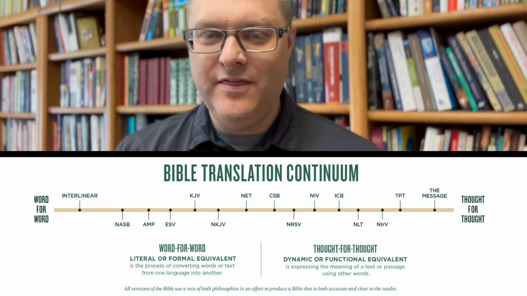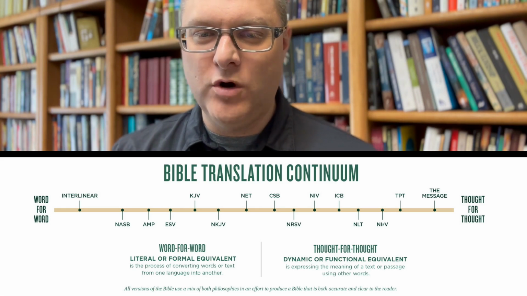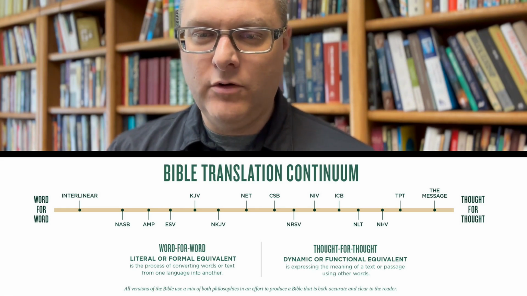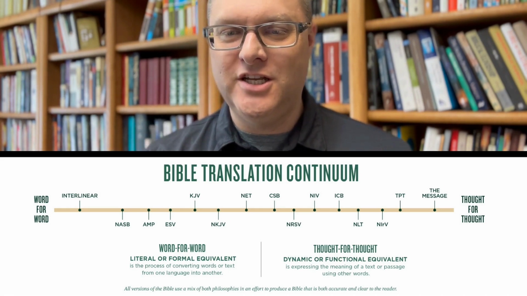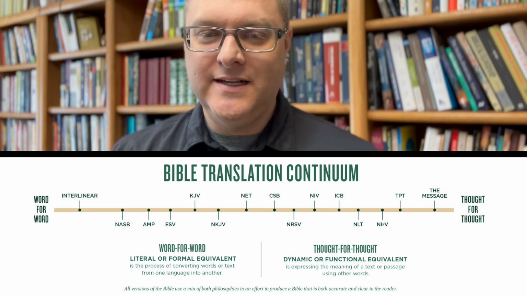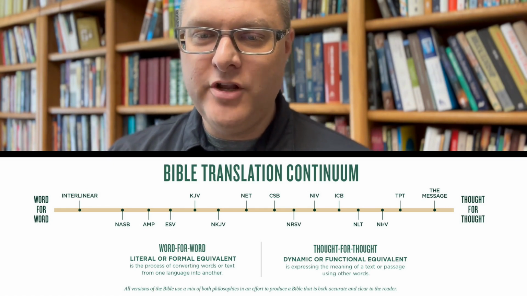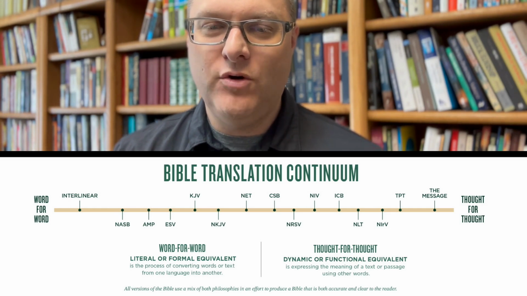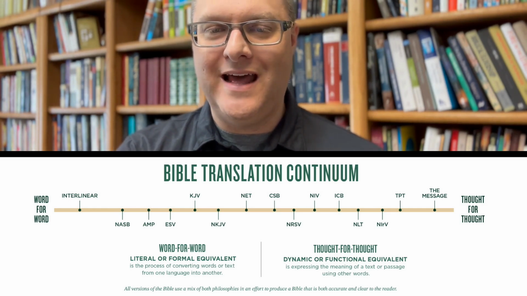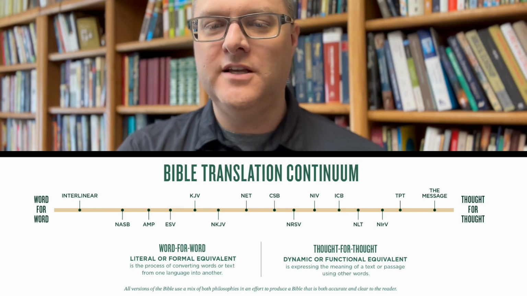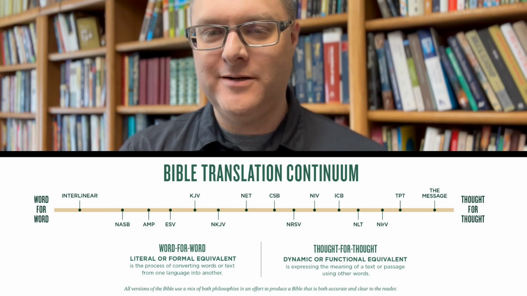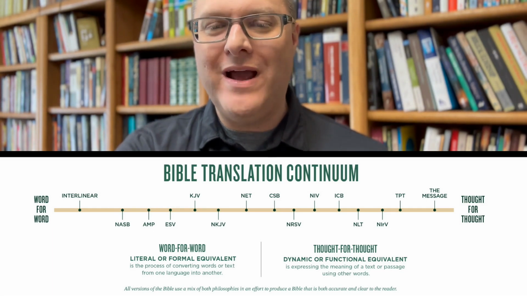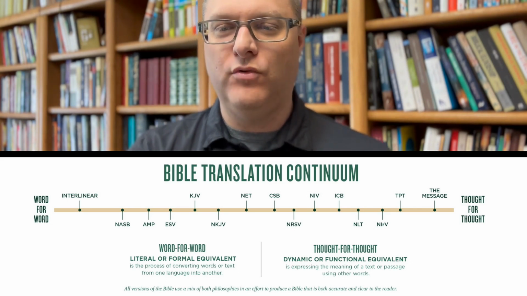Over on the left side underneath it says word for word, which is a literal or formal equivalent translation philosophy. It says it's the process of converting words or text from one language into another. So all that means is they're looking at the actual words of the Greek manuscripts that we have and directly translating those word for word.